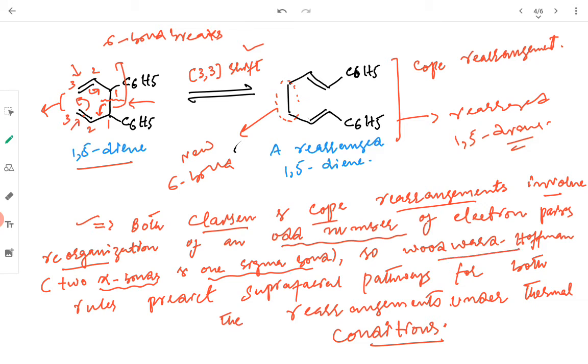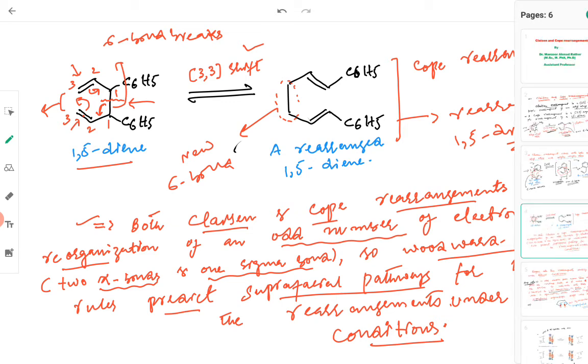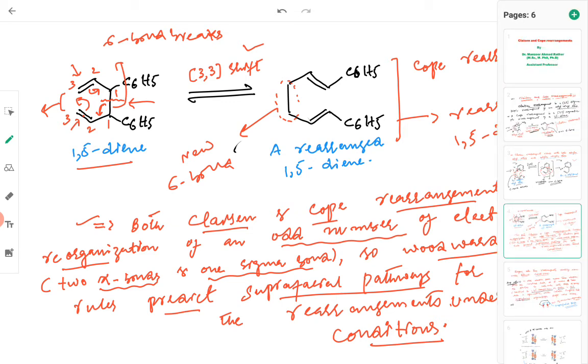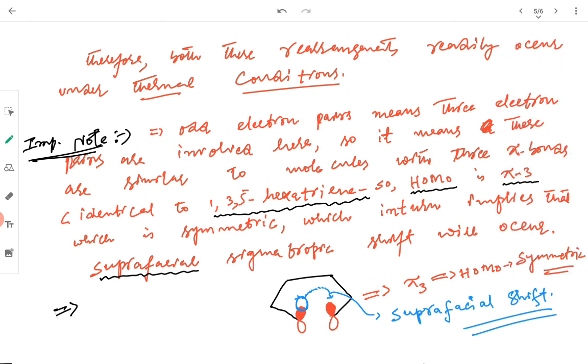So Woodward-Hoffmann rules predict a suprafacial pathway for both of these rearrangements under thermal conditions. So both of these rearrangements will undergo a suprafacial sigmatropic shift. Therefore both these rearrangements will readily occur under thermal conditions.